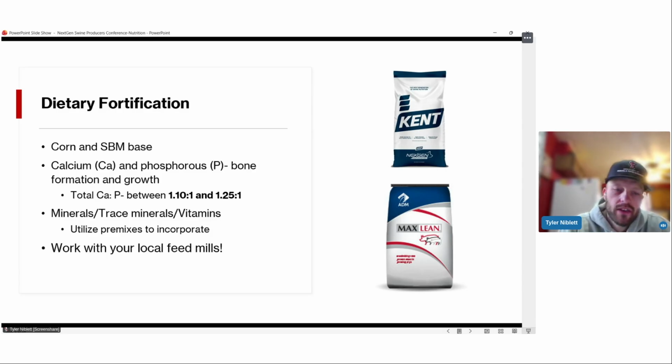It's just simpler to have one product on hand, and they all have a tag with feeding directions to tell you how much of that vitamin mineral pack to put into your base mixture of corn and soybean meal.